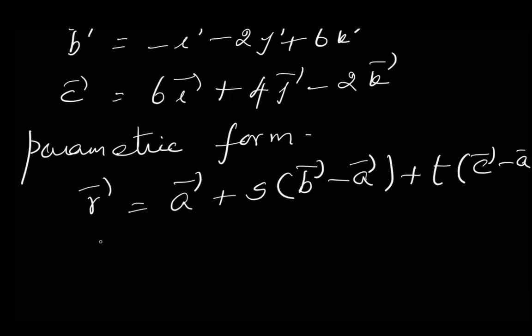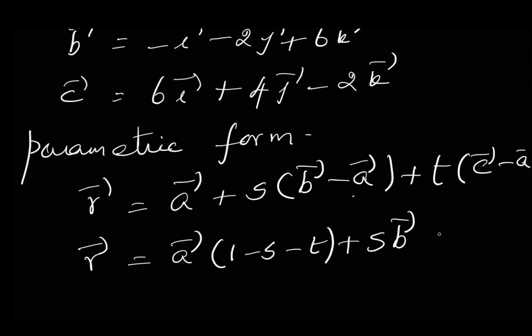Let me give you a small simplification: vector r is equal to, collecting all the vector a terms, coefficient is 1 minus s minus t, plus s into vector b plus t into vector c.